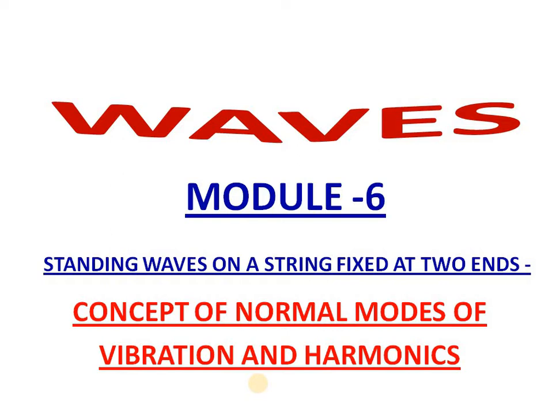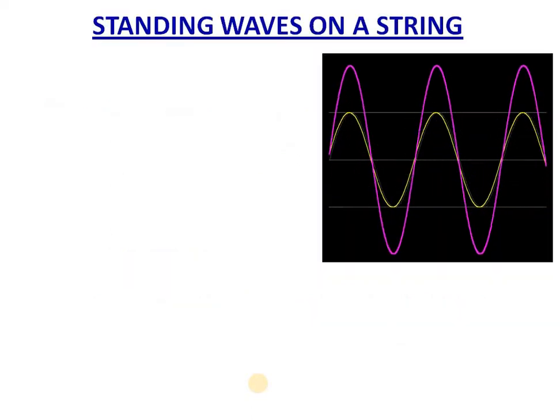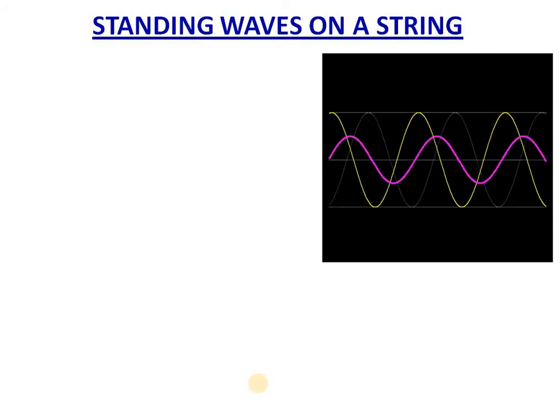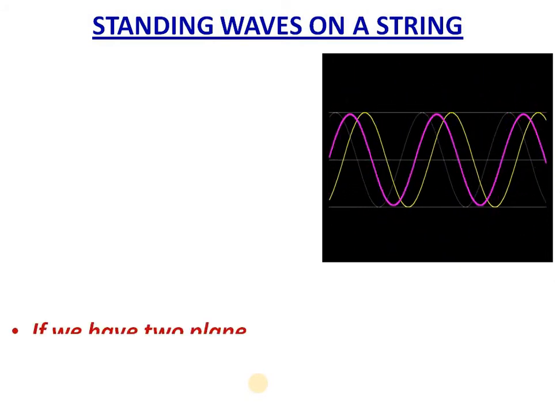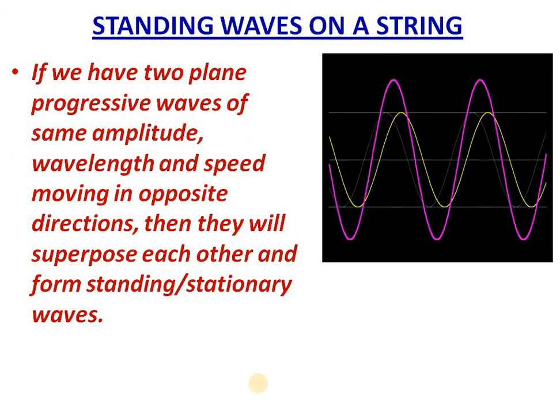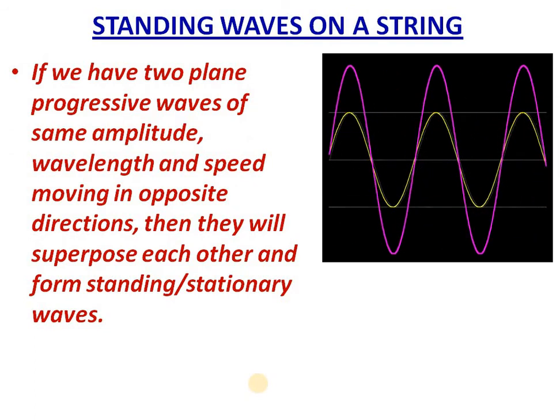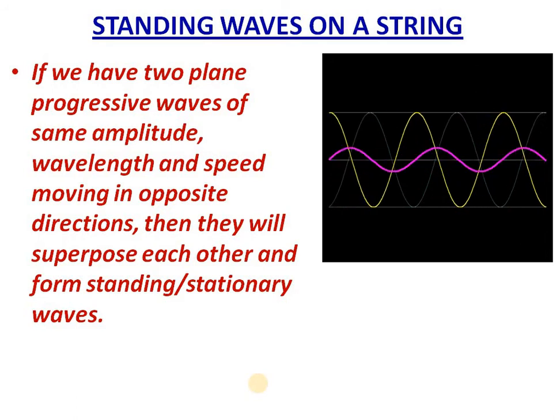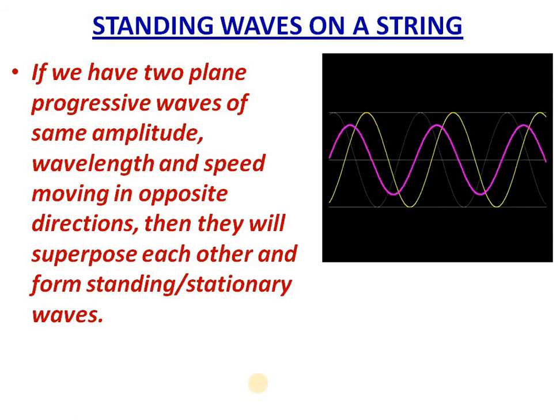So we had one forward moving wave and one backward moving wave. And we talked about standing wave formation. When two such waves, one moving forward, one moving backward, are superposed together, what we got was what is called a standing wave or stationary wave.